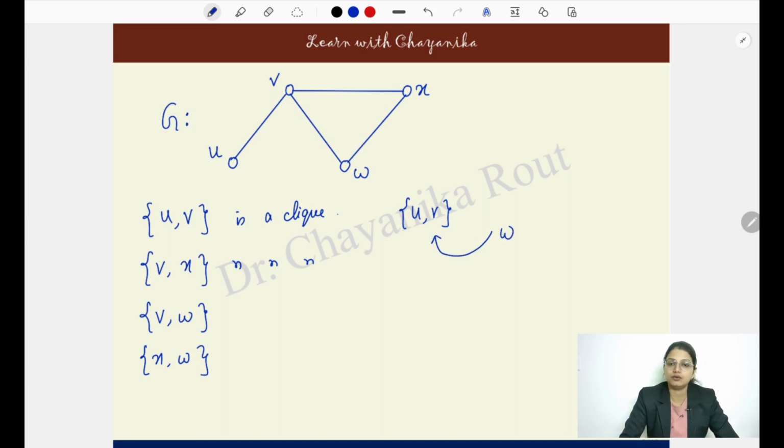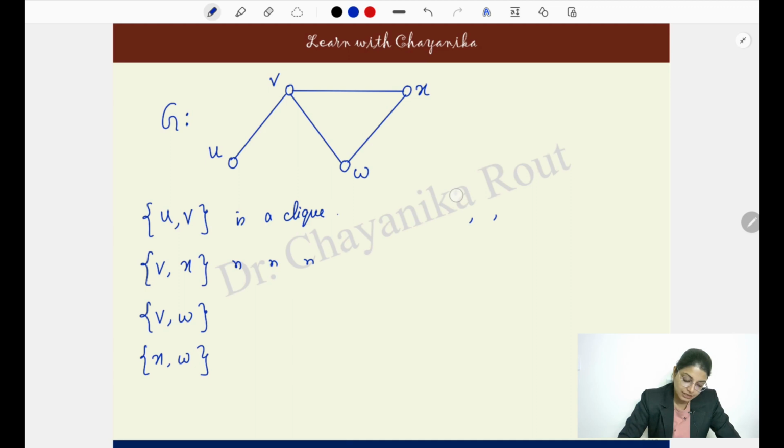Now the new entry W, if it has to enter this set and be a clique, then W has to be adjacent with each one of the existing vertices U and V. Now we see W is adjacent to V in the graph, but W is not adjacent to U. So I cannot have this entry W in my set UV, because if I form this set UVW, this will not be a clique. Why? Because here I have a pair of vertices U and W which are non-adjacent in my graph. Now that dissatisfies the definition of being a clique, so this will not be a clique.